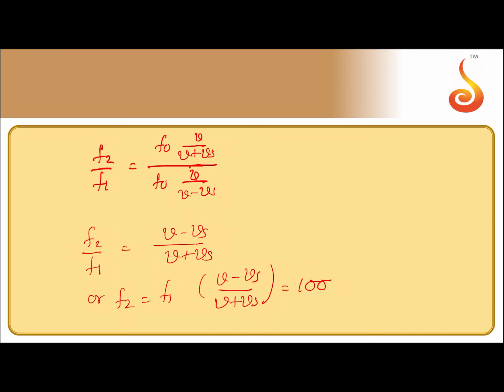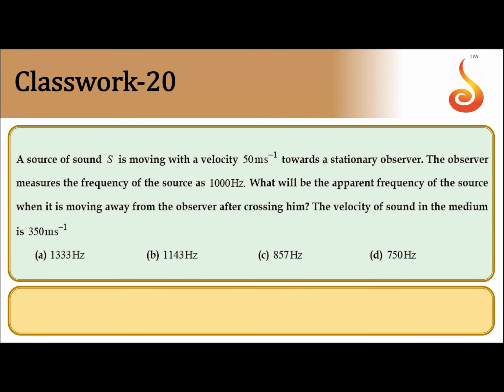Yes, that is 1000, times 350 minus 50 divided by 350 plus 50. You can simplify it further. It gives us 750 Hertz. So 750 Hertz is the frequency of the sound recorded by the observer when the source moves away from him.